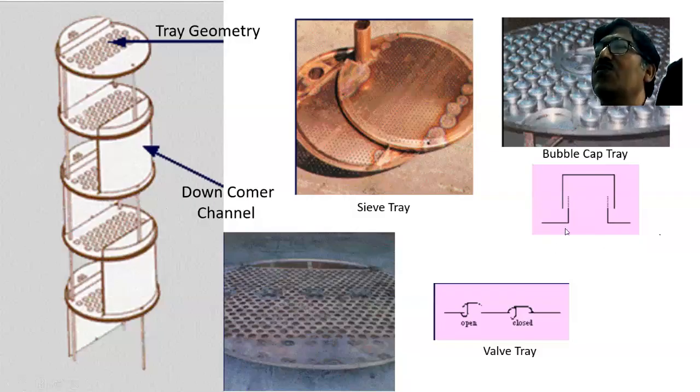So in a bubble cap, you see, when vapor flows through this liquid level, that vapor has to travel all the way through this path. That means initially it has to go up, then again it has to turn around, then come down, then take another U-turn and come up.